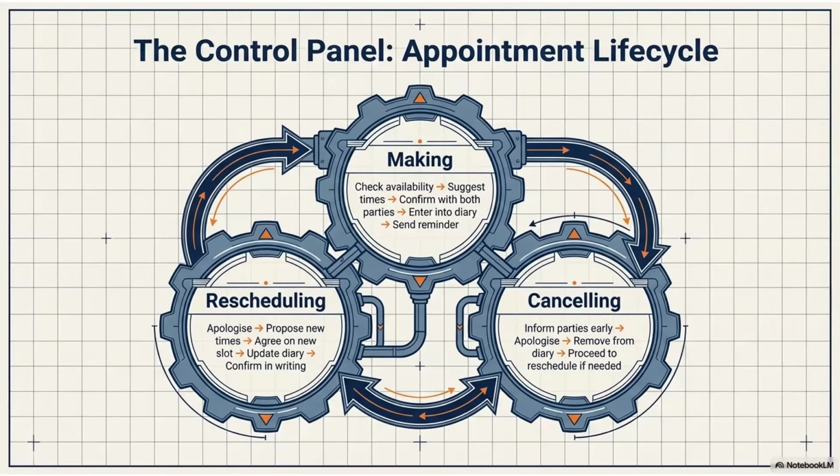Another thing receptionists do is help create appointments or help control appointments, I should say. So it's not just making an appointment; sometimes you may have to reschedule appointments or cancel them altogether. All of these you have to do following certain procedures.